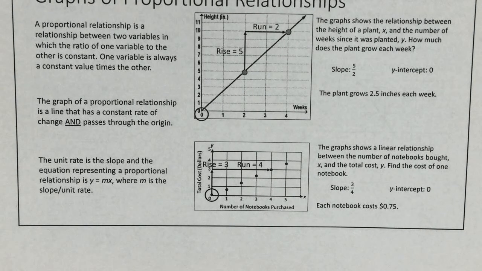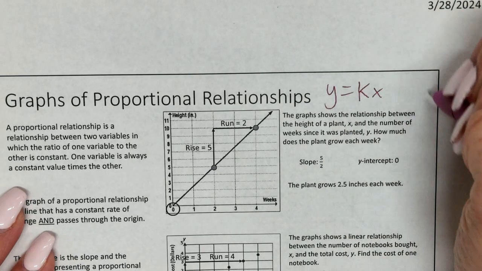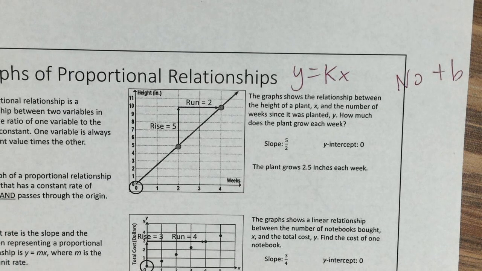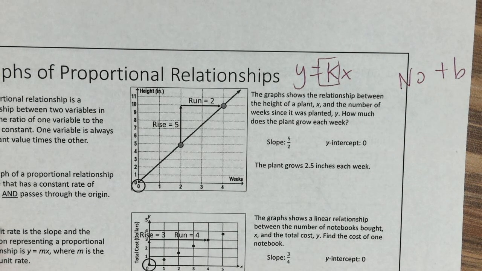But the main thing you need to know is to be proportional, it is in this form, where there is no plus b. Why do they say kx? I'm not really sure. You could call it mx, and there is just no plus b. This is still the slope, the rate, the constant rate of change, stuff like that, okay?